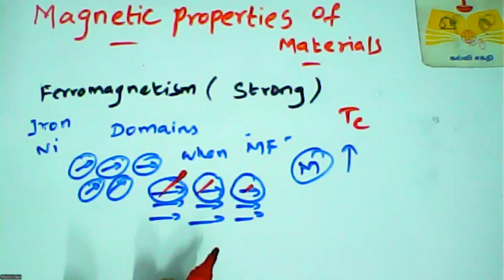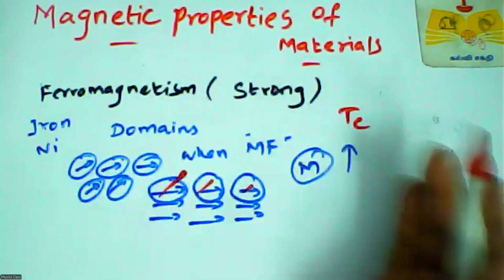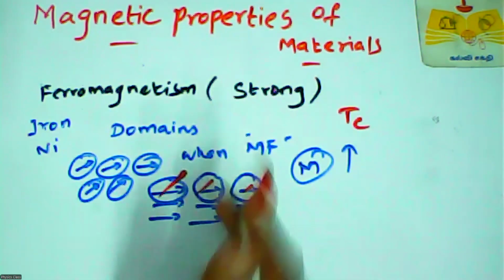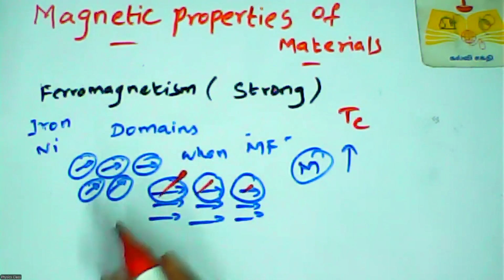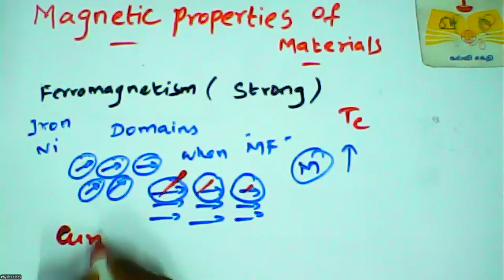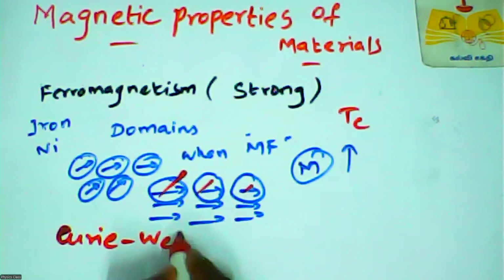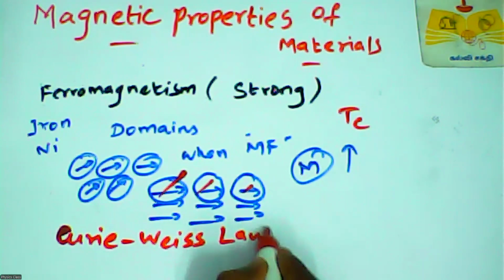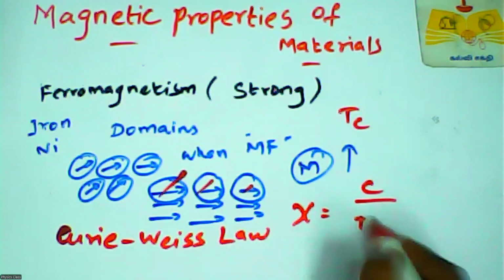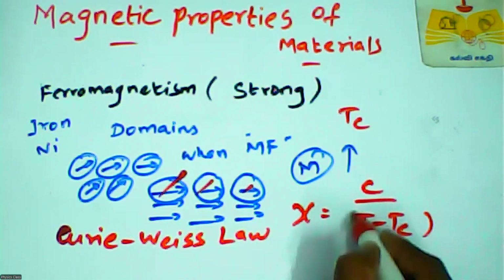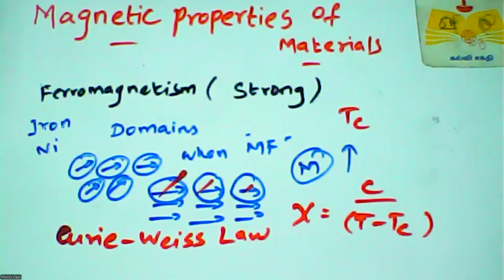Above Tc, susceptibility follows the Curie-Weiss law, that is chi equals C by (T minus Tc). This is the Curie-Weiss law. Clear? Okay.